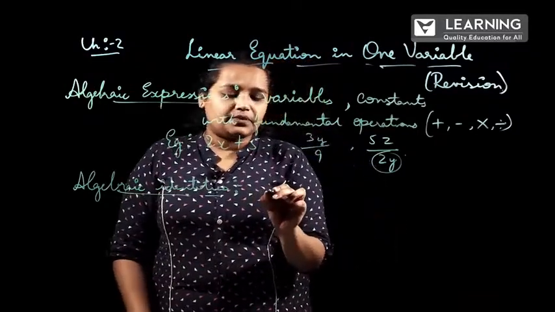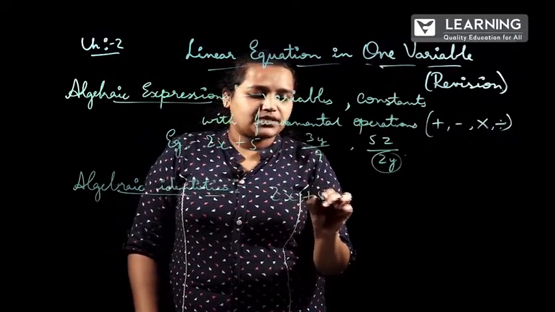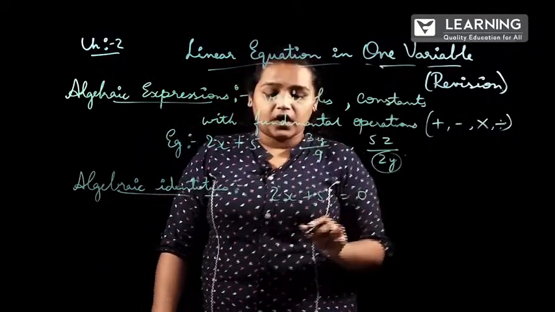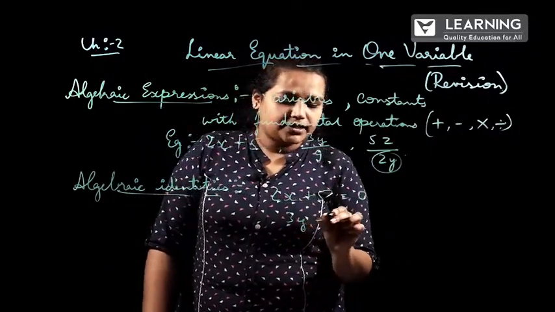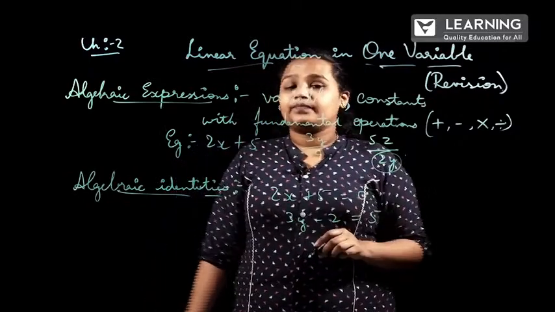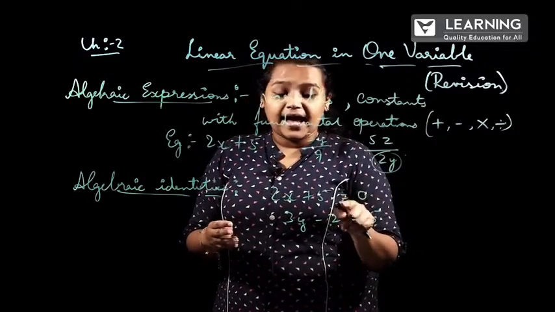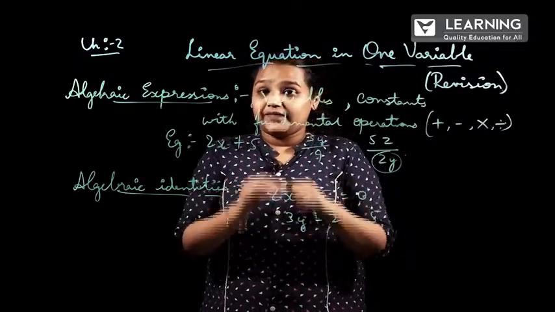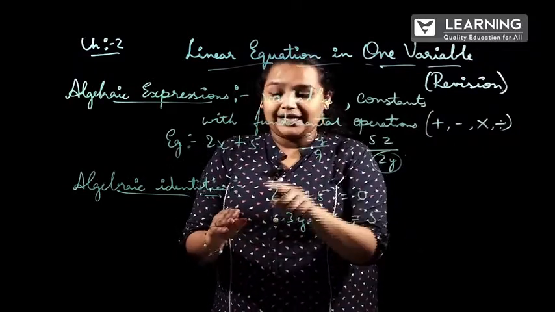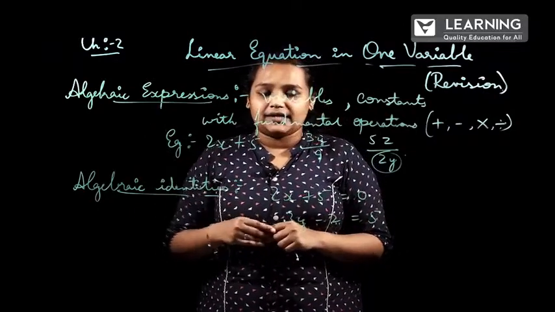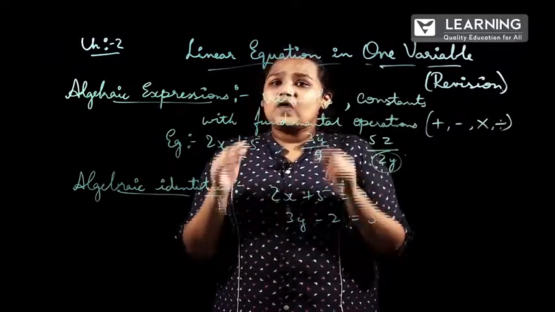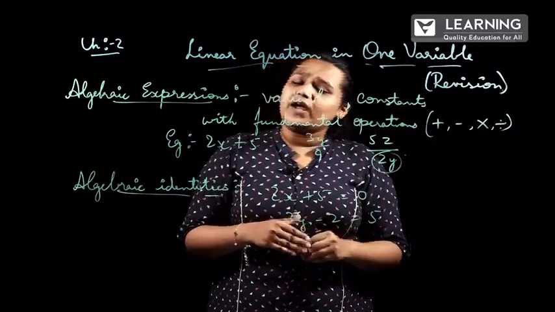That is, for example, 2x plus 5 equals 0, or 3y minus 2 is equal to 5. Whatever the expressions they give, if we have an equal sign, then that type of statement is called an algebraic identity. Now we'll see what is linear equation in one variable.